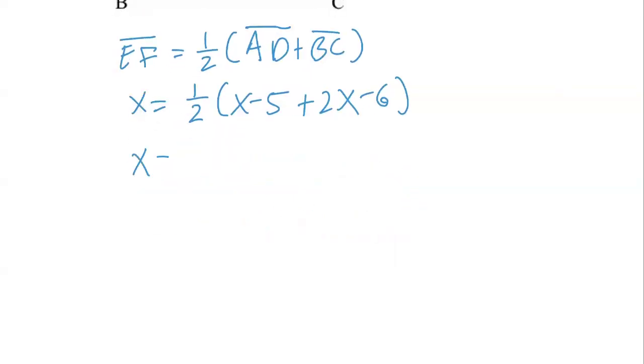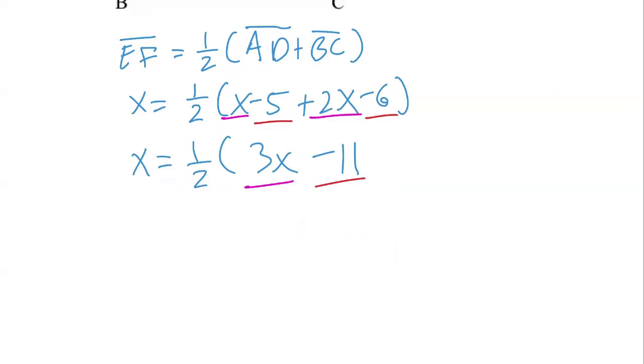Okay, what do you get when you combine like terms? Very good. 2x is 3x. -5, -6 is -11. You combine like terms. Now there's two ways you can solve this problem.